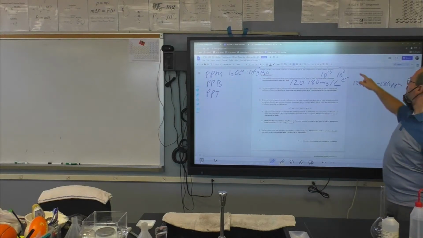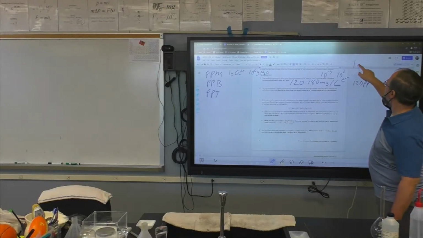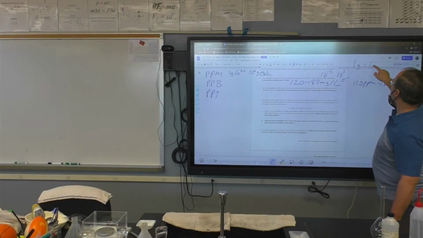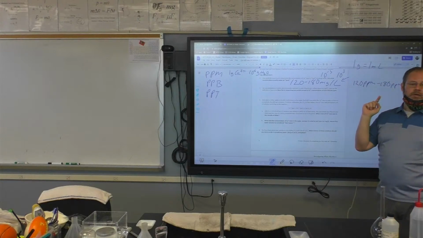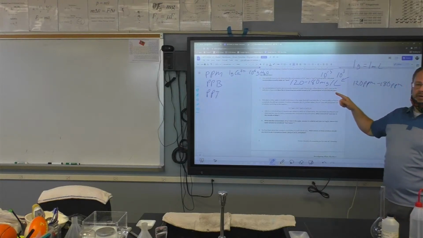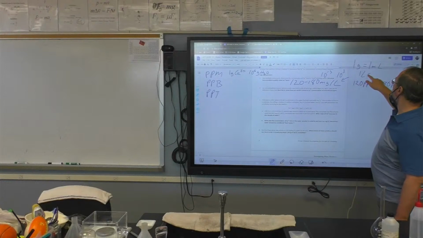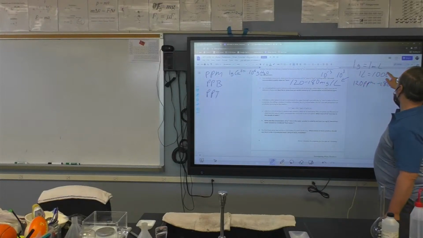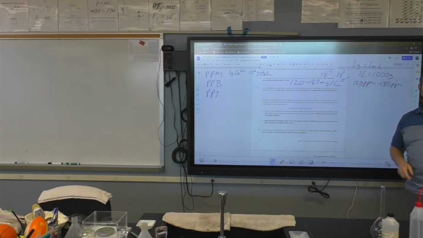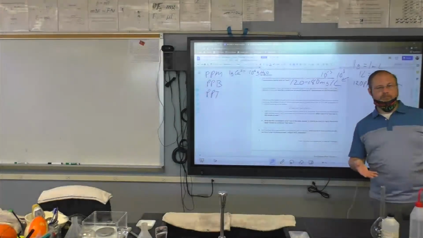Oh, this is important. The density of water is 1 gram to 1 milliliter. So that means 1 liter would have a mass of 1,000 grams. So when you're looking at a milligram in 1,000 grams, that's a part per million.